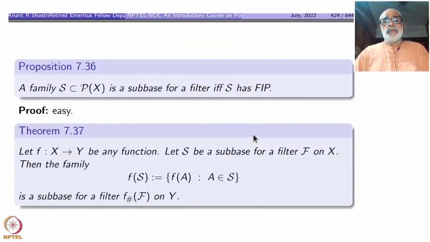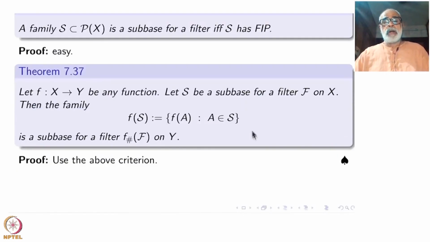Okay. So now we will do a little more with functions. This is again similar to what we did in topology. Start with any function f from one set to another set. Let S be a subbase for a filter F on X. Then I want to push it to Y. How do I push it?